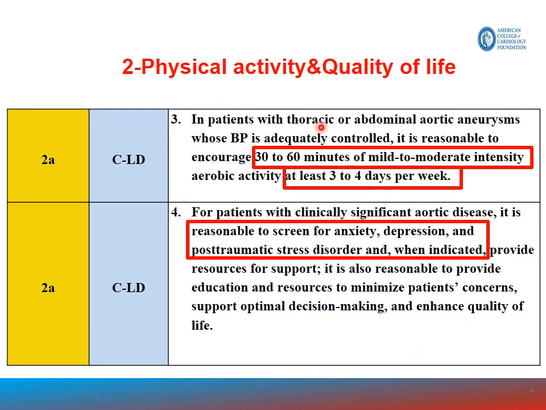In patients with thoracic or abdominal aortic aneurysm whose blood pressure is adequately controlled, it is reasonable to encourage 30 to 60 minutes of mild to moderate intensity aerobic exercise for at least 3 to 4 days per week. For patients with clinically significant aortic disease, it is reasonable to screen for anxiety, depression, and post-traumatic stress disorder when indicated.